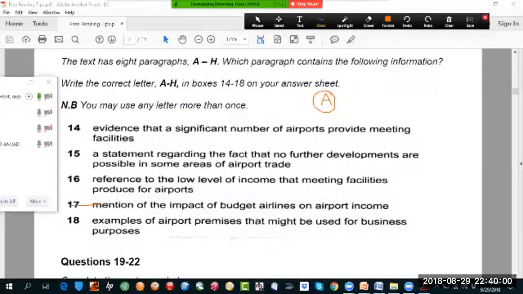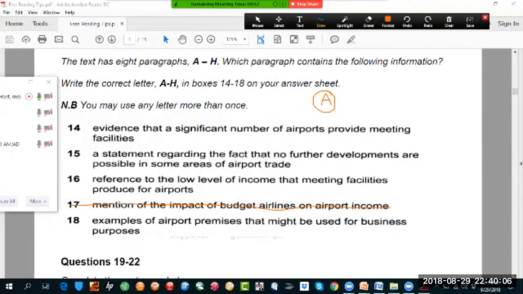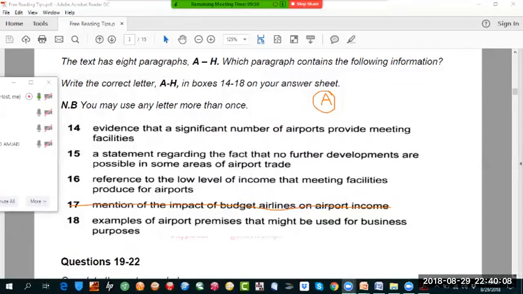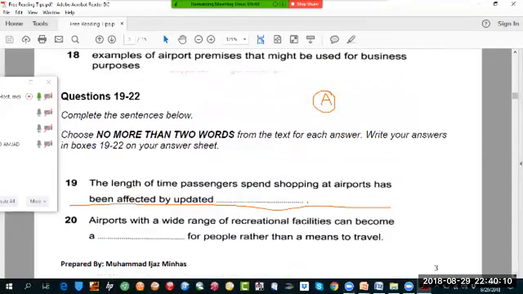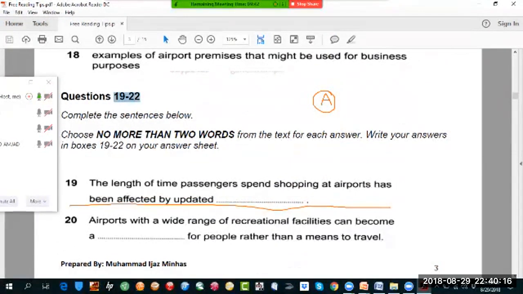Now you have found the answer to question number 17. Then move forward and check, is there any question in this set whose answer is in paragraph A?